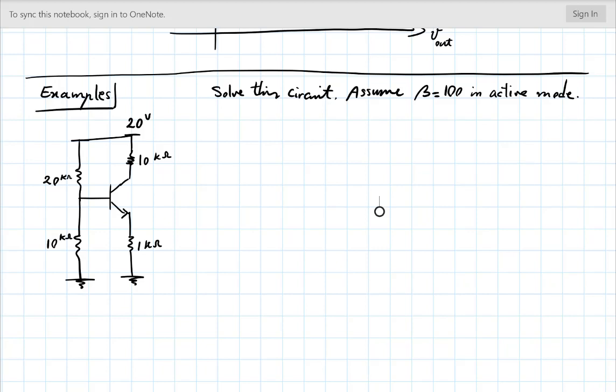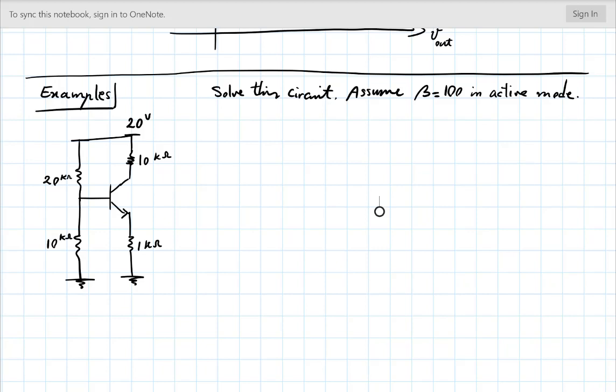We looked at a circuit that had a transistor in this configuration. You had a resistor in the collector, another one in the emitter, and there was an input voltage applied to its base, right? And we plotted the output voltage versus the input voltage for that.